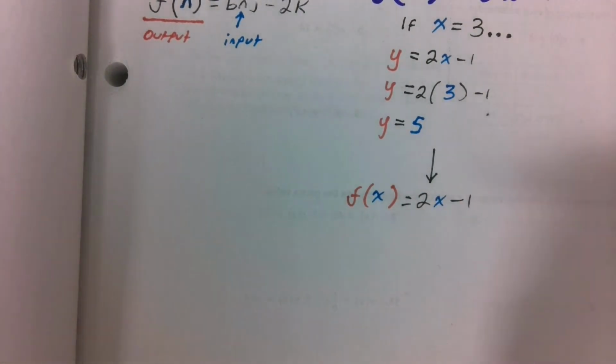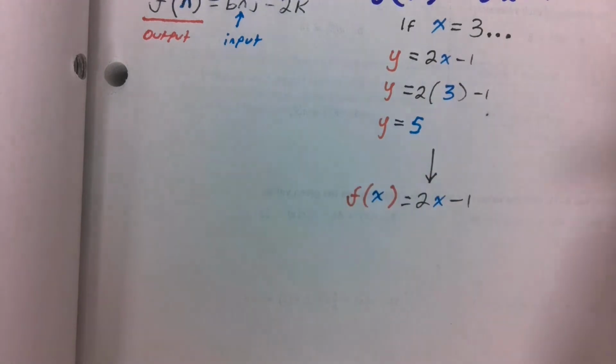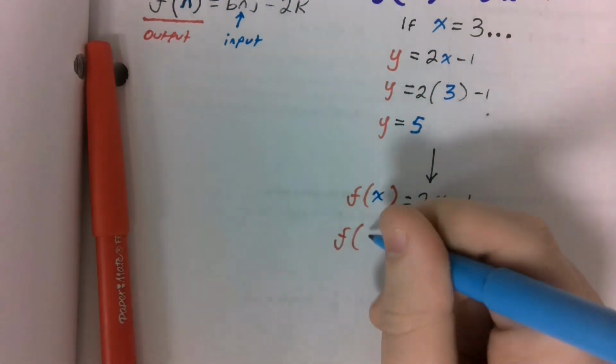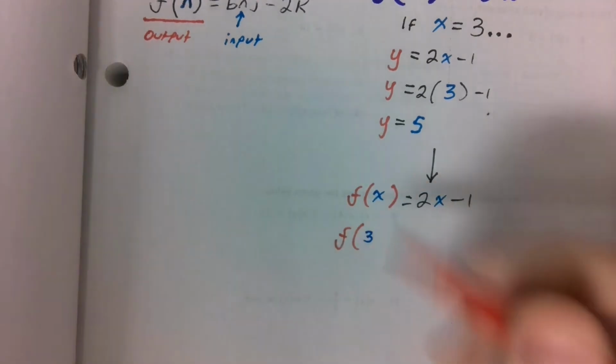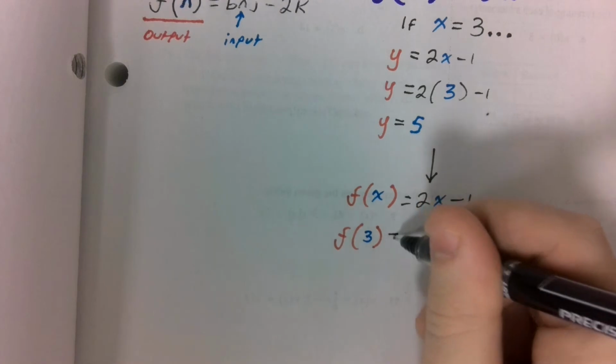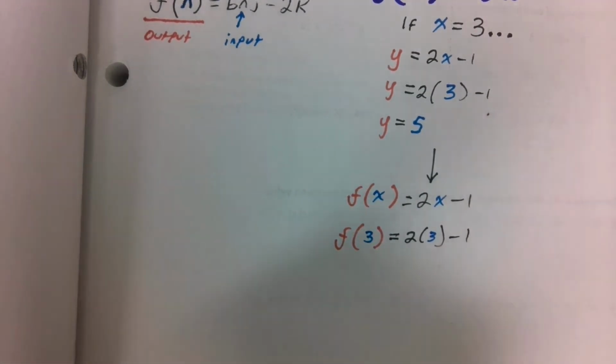And if we're plugging in the number 3 for x, anywhere we see an x, we want to put a 3. So the first x we see is actually in parentheses here. f of 3, in other words, the value of the function at x equals 3, is equal to 2 times 3 minus 1.